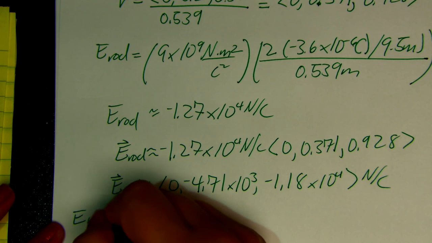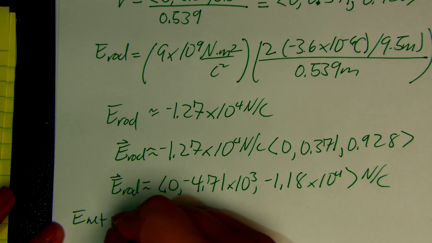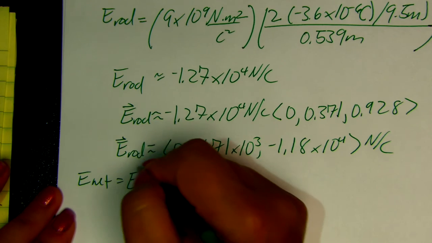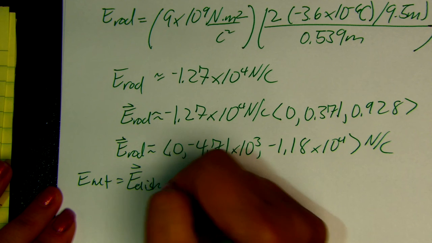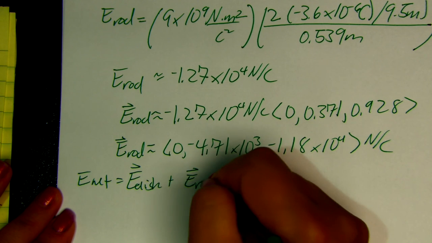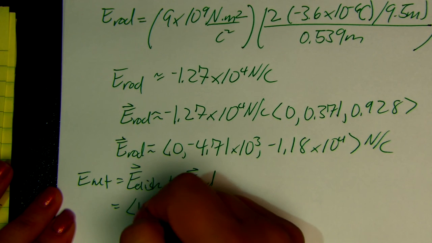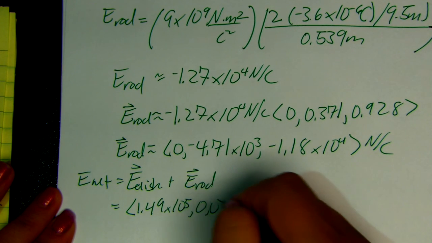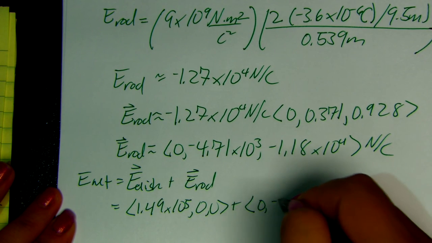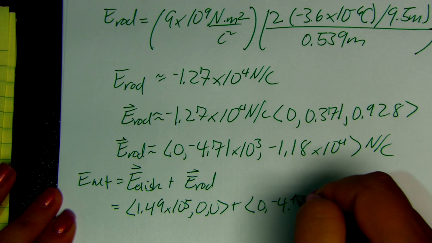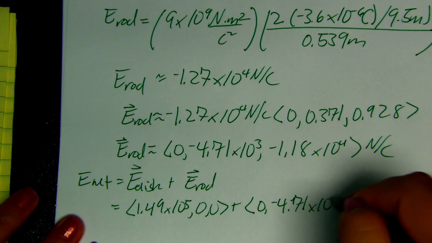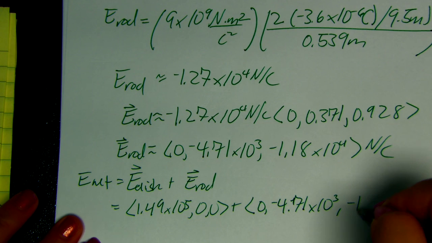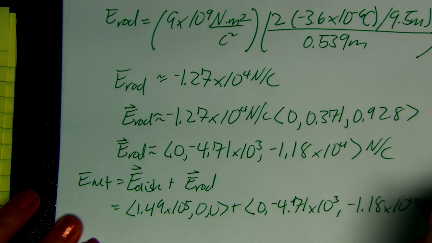And the net field, we're going to sum the two of those together. It's equal to 1.49 times 10 to the 5th, 0, 0, plus 0, minus 4.71 times 10 to the 3, minus 1.18 times 10 to the 4.